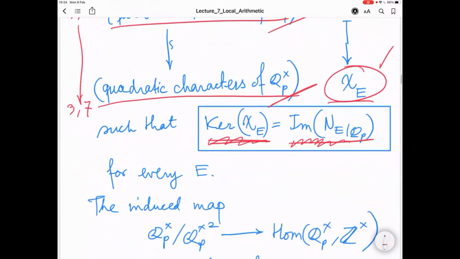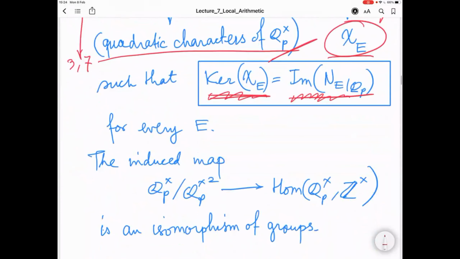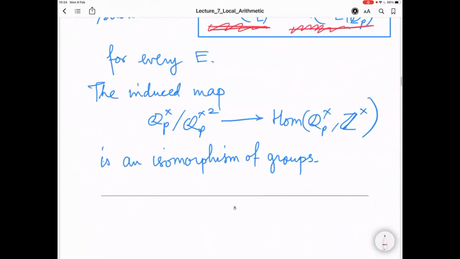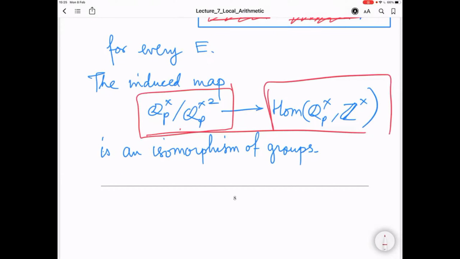So there's a unique bijection. And of course, if I have a bijection, I have an induced map of groups. I mean, these are groups. Quadratic extensions were in bijection with the non-trivial elements of this group, and quadratic characters are by definition non-trivial elements of this group.